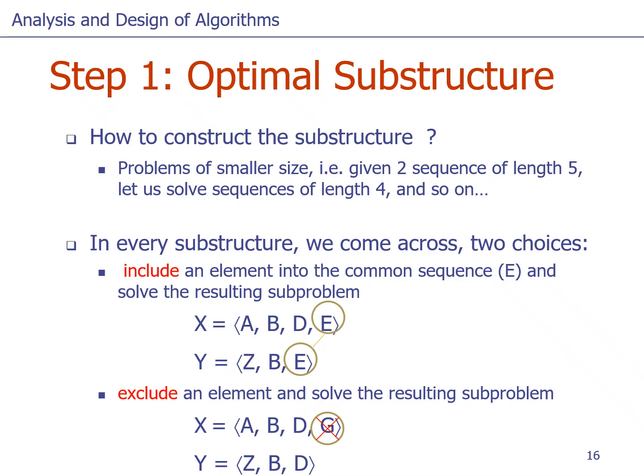When we are matching, let's say we stop the clock and accept a new element, and we need to figure out what to do. So we have 2 options. The first option is to include an element into the common sequence, in this case E, and solve the resulting subproblem. What does that mean?